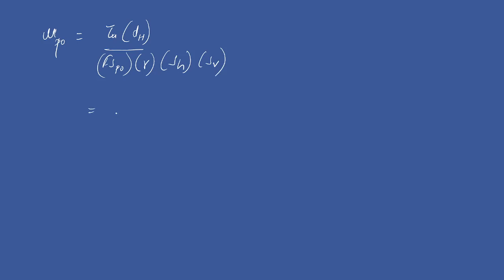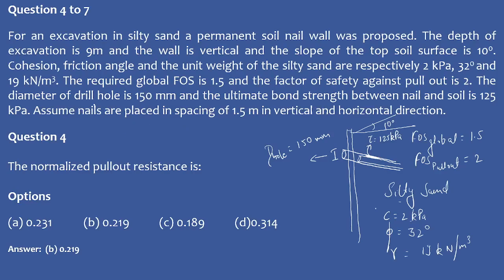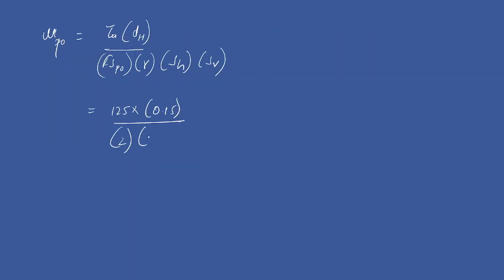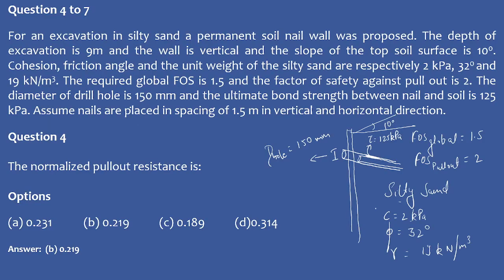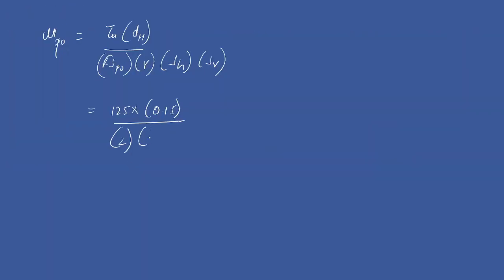So tau ultimate is 125, diameter is 150 mm, so it's 0.15 meter. Factor of safety against pull out is 2, gamma is 19, spacing in horizontal and vertical direction is 1.5 and 1.5.